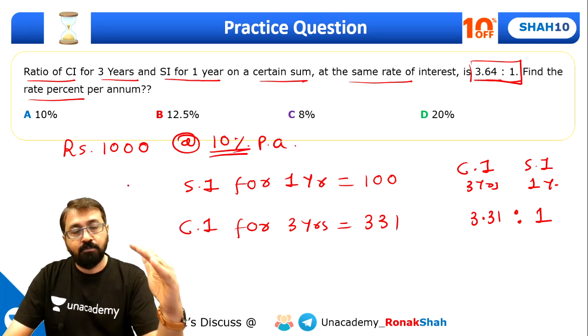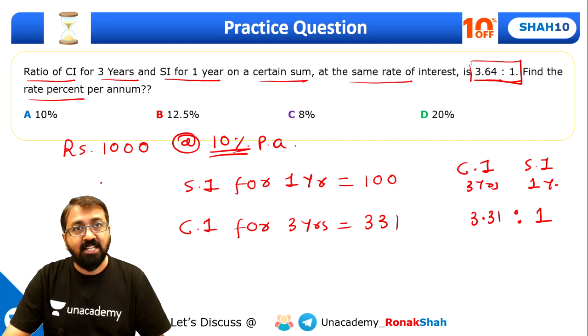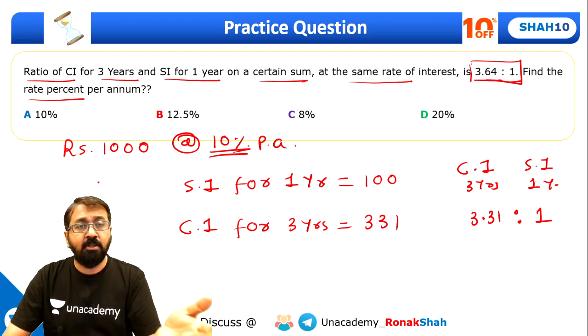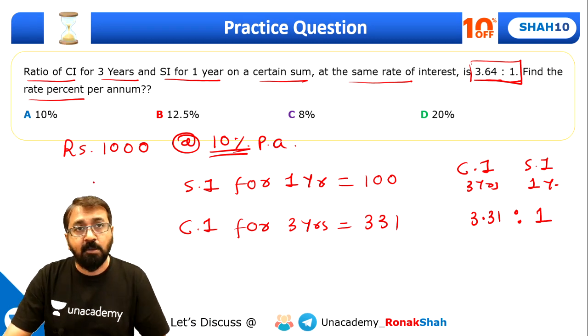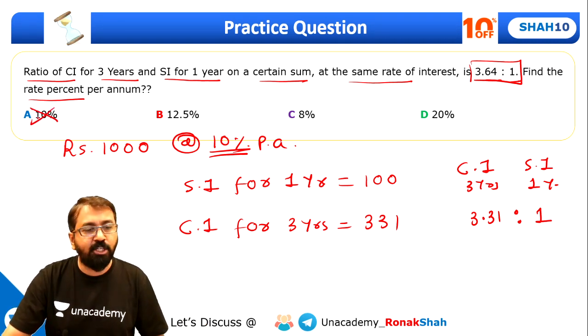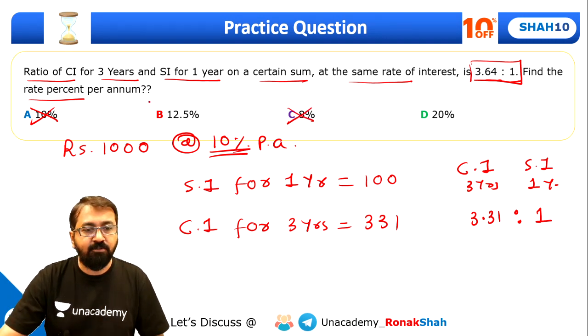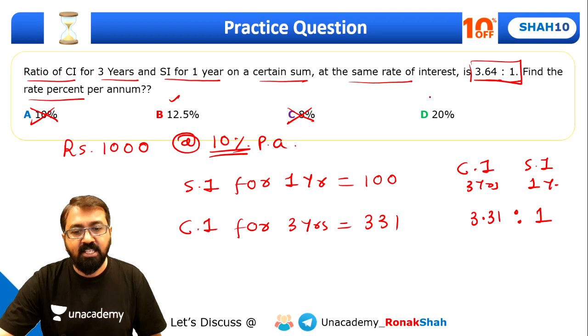In fact, when you are solving such questions in the exam, you should know that at 10%, the compound interest for 3 years will be 331 rupees, and simple interest for 1 year will be 100 rupees if the principal is 1000. So you can quickly make out that this answer has to be more than 10%. So you can eliminate two options, that is option A and option C. Now we need to decide which between option B and D is correct, right?